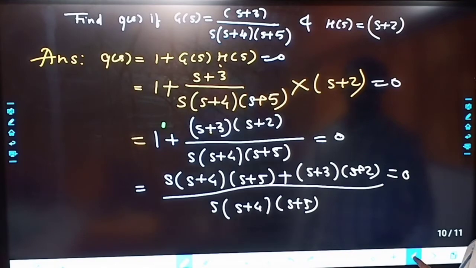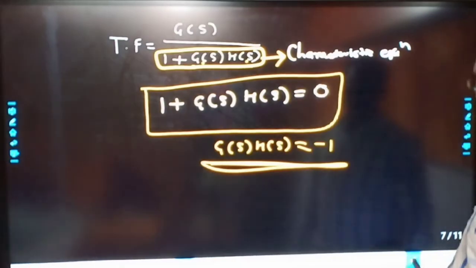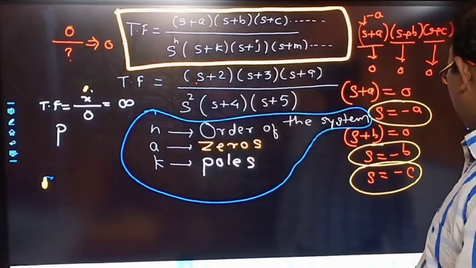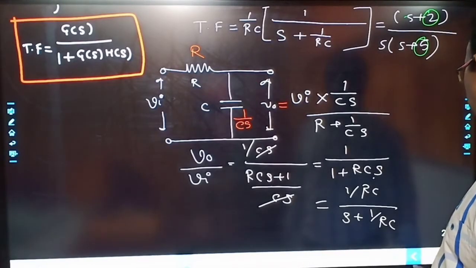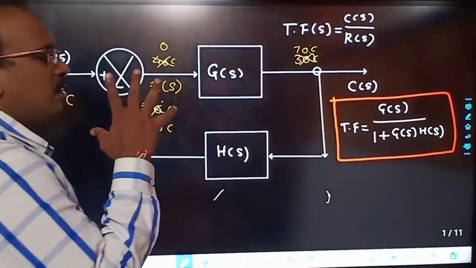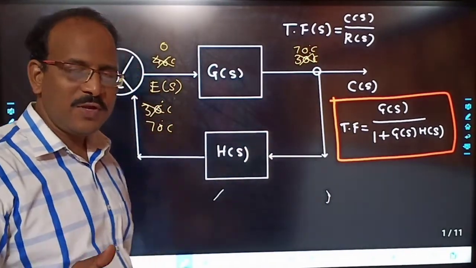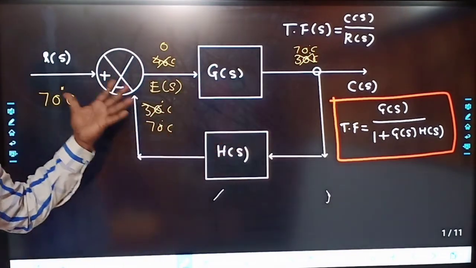Okay, so we will revise everything we have studied today. We have studied today what is the transfer function, what is the control system, and how it is presented. You know, this is the previous case.